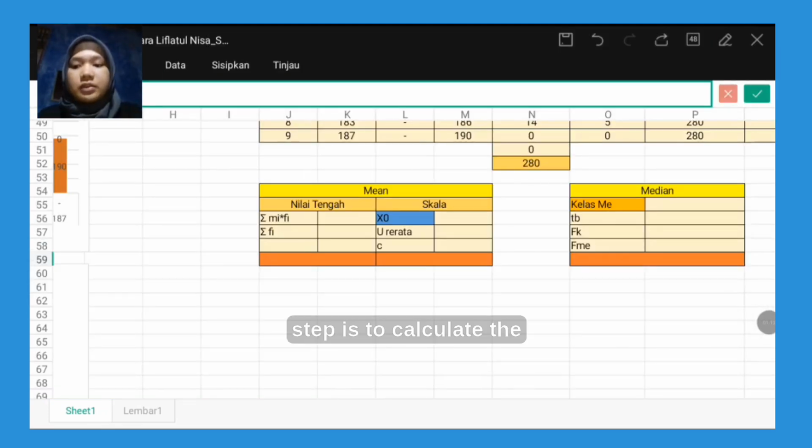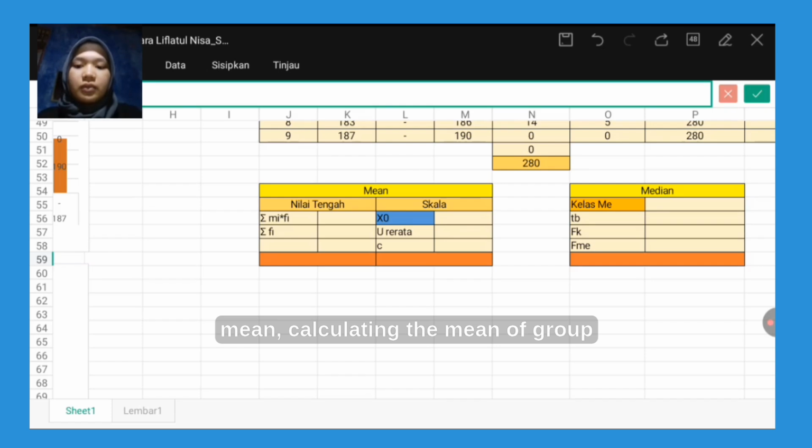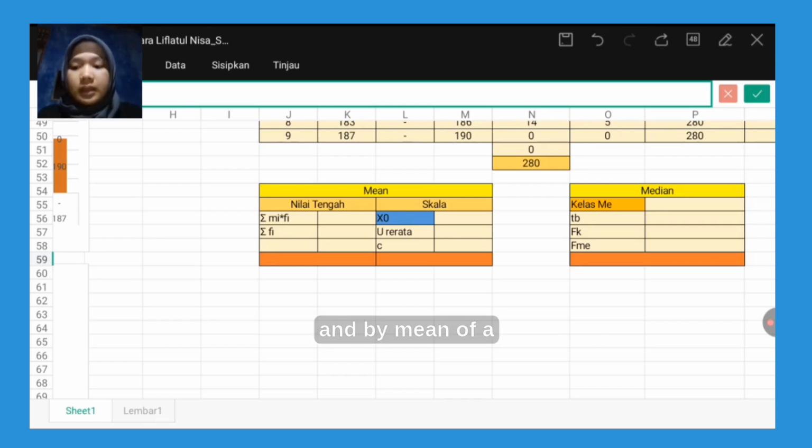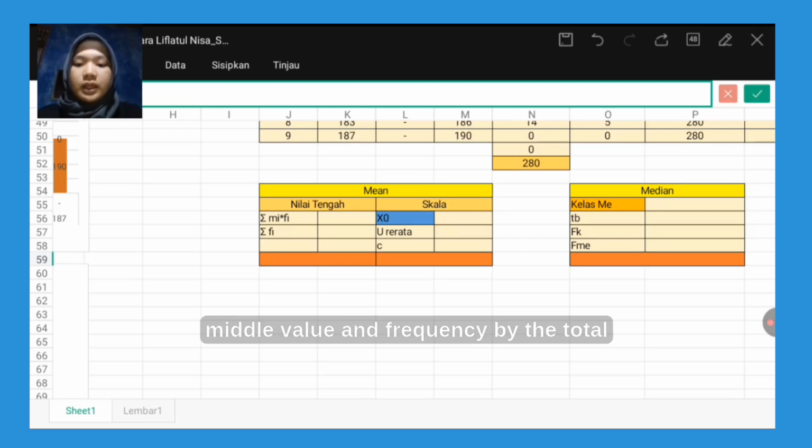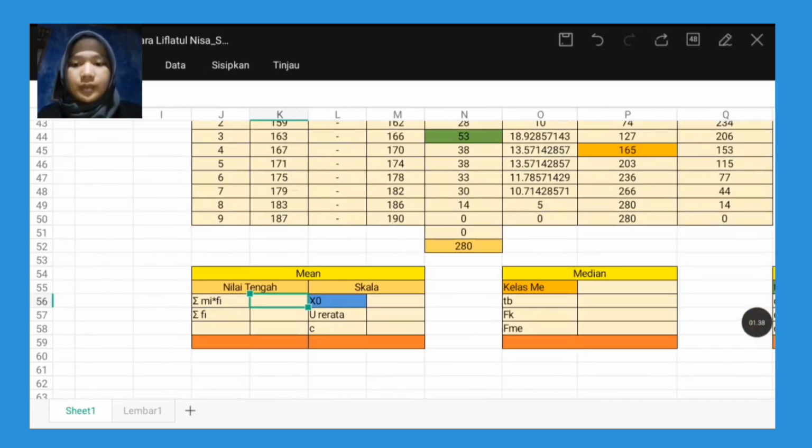The second step is to calculate the mean. Calculating the mean of grouped data can be done in two ways: by the mean of the middle value and by the mean of the coding scale, or commonly called the coding method. In the middle value method, divide the total of the middle value times frequency by the total frequency.